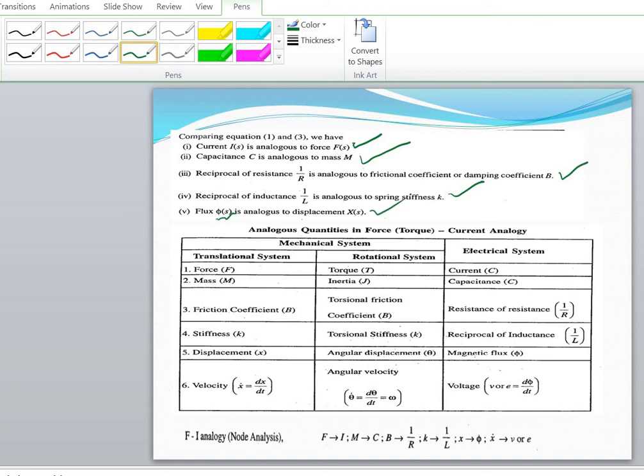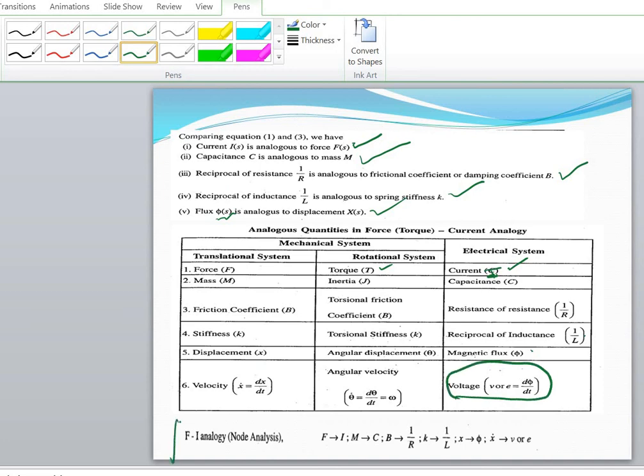With that I can get the analogous quantity table for the Fi analogy: force, or torque for the rotational system, corresponds to current I; mass is equivalent to capacitance; friction is equivalent to 1 by resistance; stiffness is equivalent to 1 by L; displacement is flux; and velocity x dot, dx by dt, is voltage, that is d phi by dt.